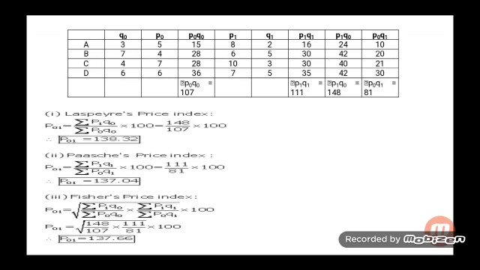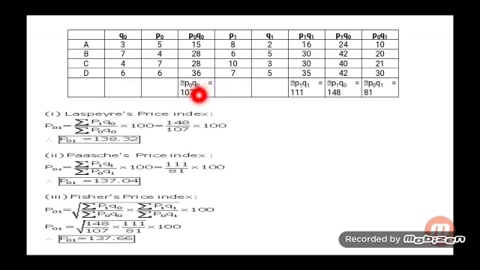First, we will calculate all the things which we need in the formulas of Laspeyres, Paasche's and Fisher's. As I've told you, we need P0Q0, P1Q1, P1Q0 and P0Q1. All the things we need. Therefore, I have calculated here the four columns.